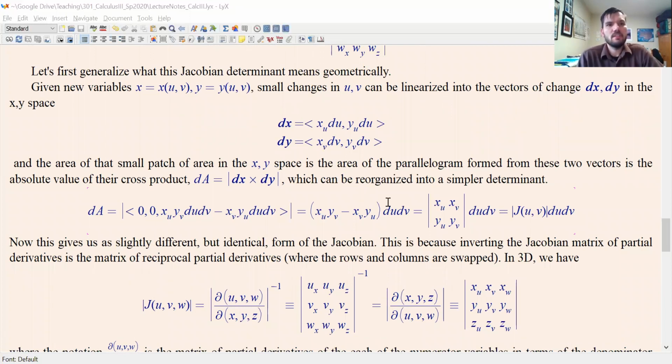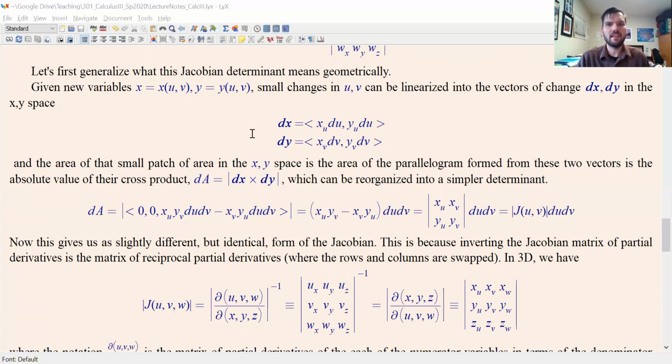In 2 dimensions, let's work with some new variables we want to transform into, u and v, and we want to write our x and y in terms of them. And let's think about how a small change in u and v can be linearized into changes in our x and y dimension.